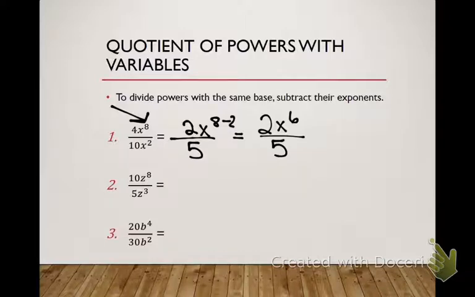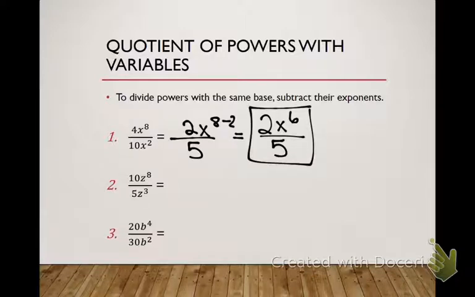On 4.6, sometimes the larger exponent is in the denominator and I leave them in the denominator. So the easiest way to remember this is when it's division of the same variable, I subtract my exponents and leave the leftovers where the larger exponent is. Okay, go ahead and do numbers 2 and 3.